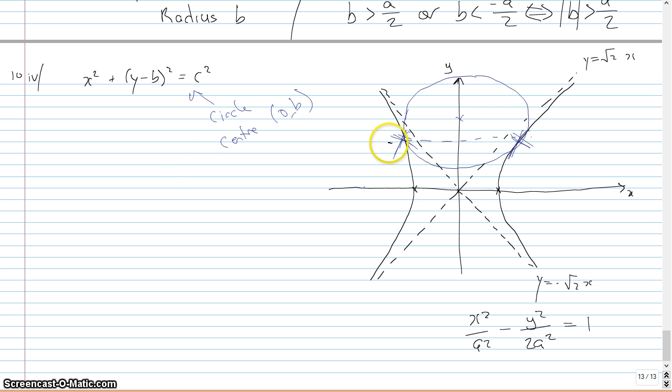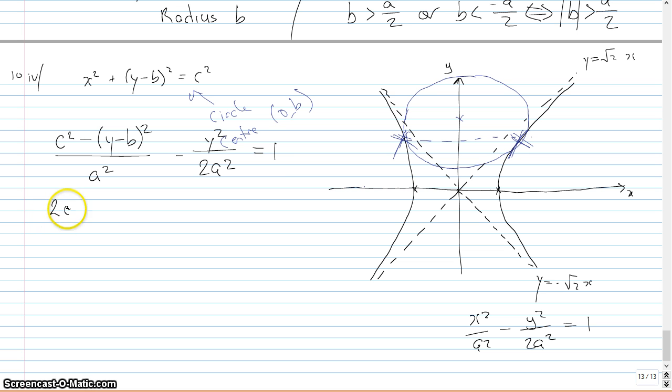Now, because I've noticed I've got the same y value, I'm going to eliminate my x variable. So I actually get c squared minus y minus b squared over a squared minus y squared over 2a squared is equal to 1. And let me expand that out.